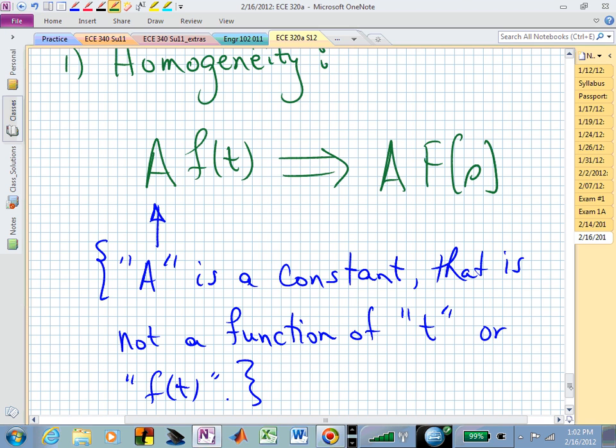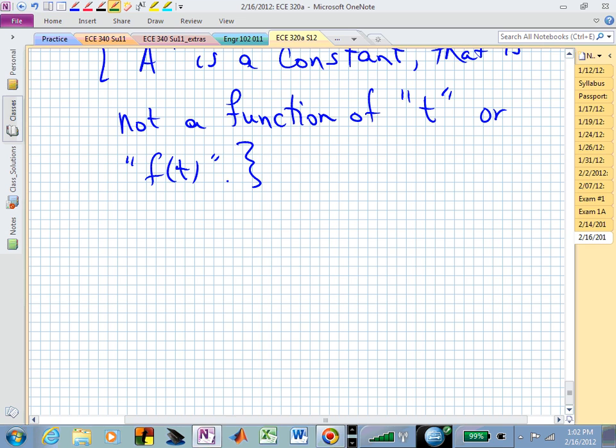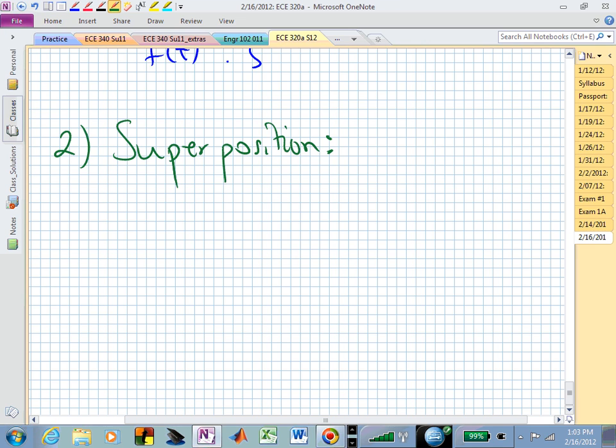The other property, so if you have a Laplace transform and you already know what it is, and somebody now scales that waveform in time, you already know the Laplace transform of that scaled waveform. The other property is superposition. And you know this from circuit analysis. If you applied superposition to a circuit, what are you doing? First of all, what do you assume you have in your circuit?